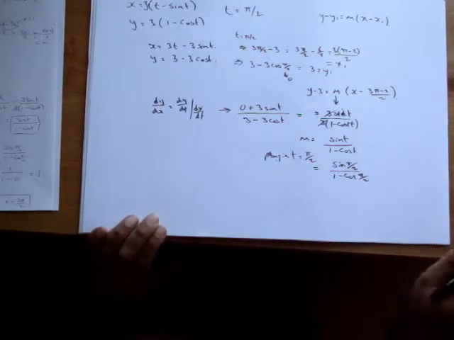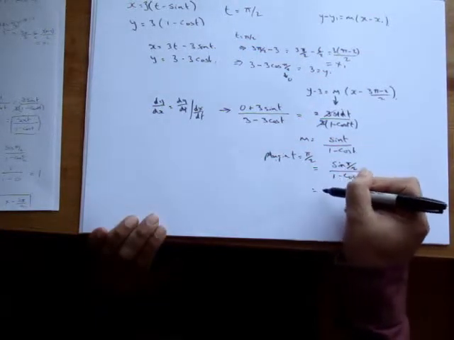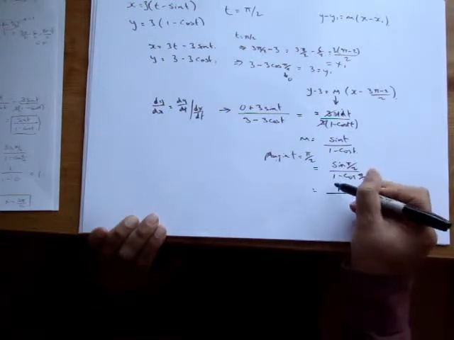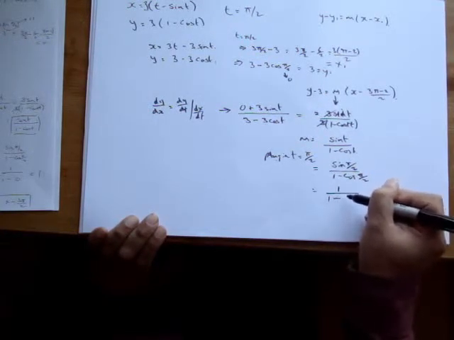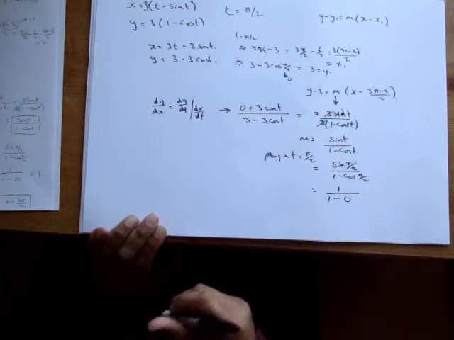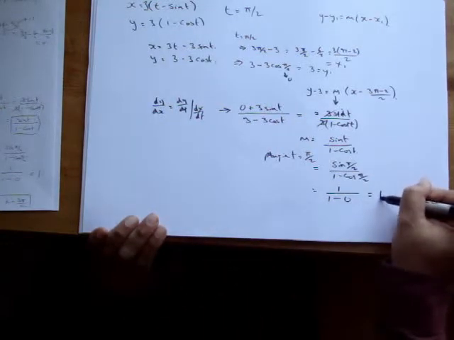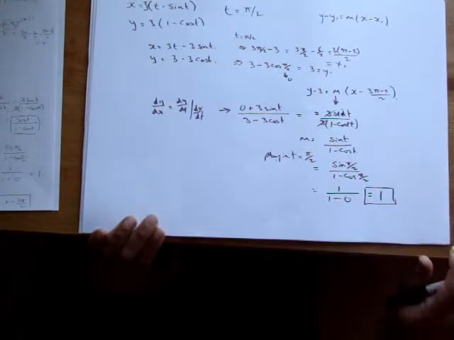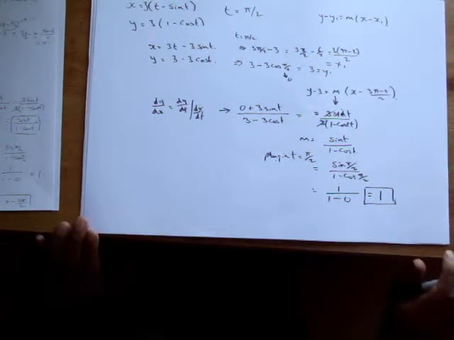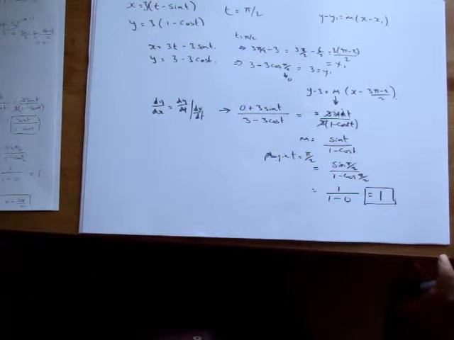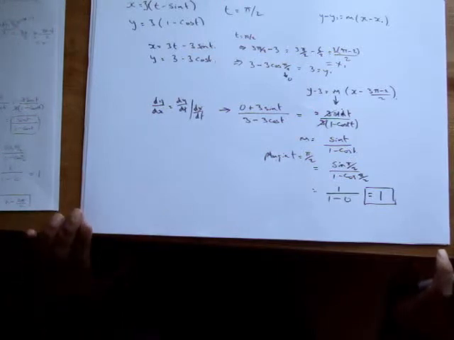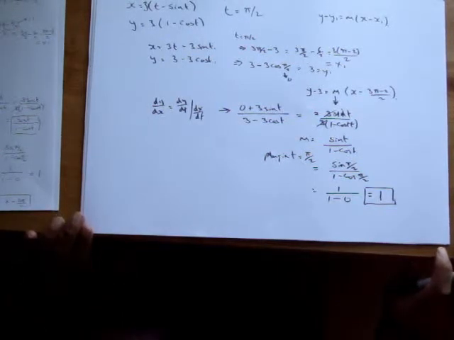So sine pi over 2 is 1, and 1 minus cos pi over 2 is 1 minus 0, and that equals 1. So the gradient at t equals pi over 2 is 1. So let's now plug that into the equation that we have.